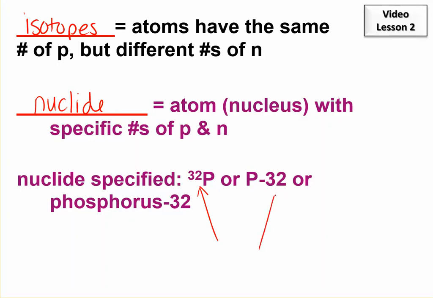The 32 in all cases tells you the mass number. So P32, phosphorus 32, and written this way as well, are ways to show that same radioactive isotope, which happens to be of phosphorus.